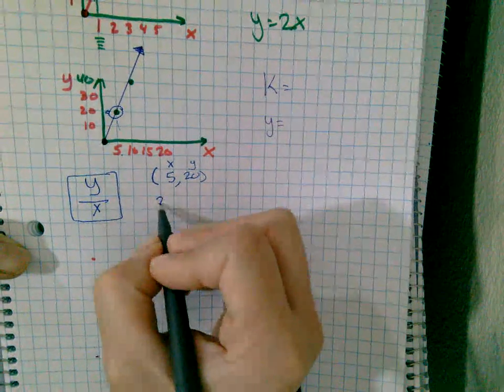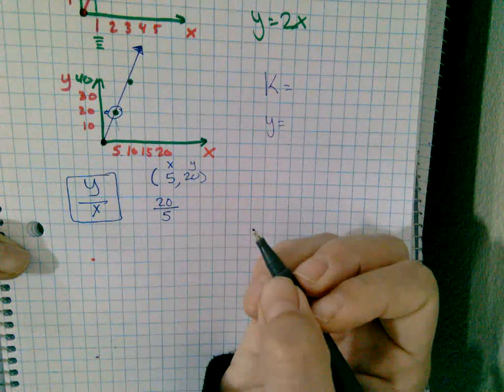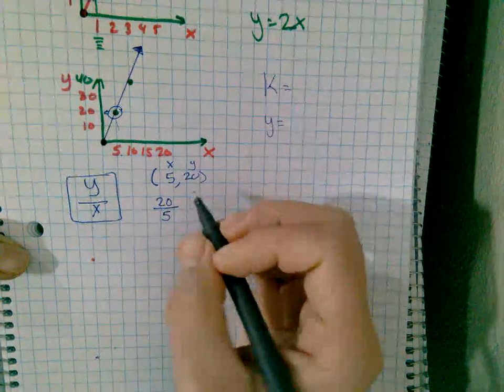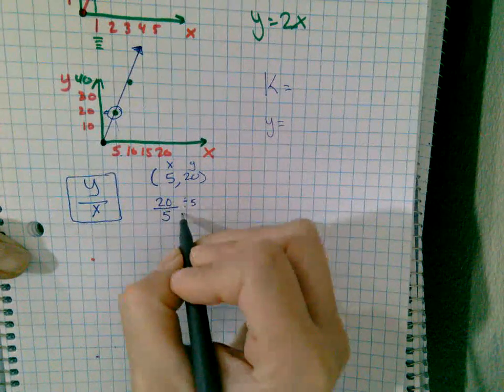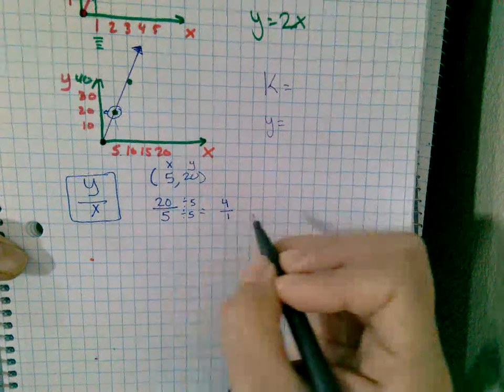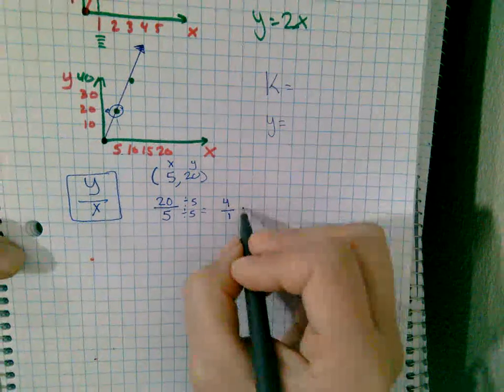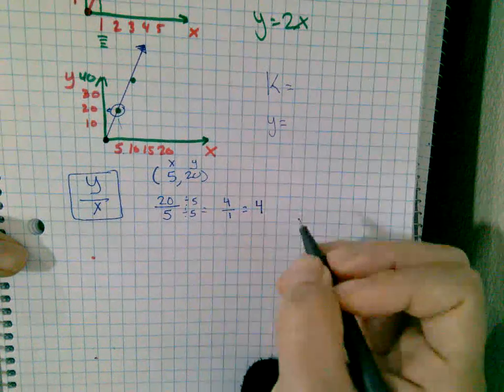So we're going to put 20 over 5. I'm going to divide by 5, divide by 5. I get 4 over 1. Well, 4 over 1 is just really equal to 4.